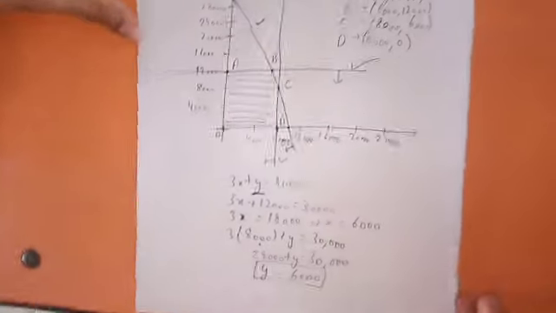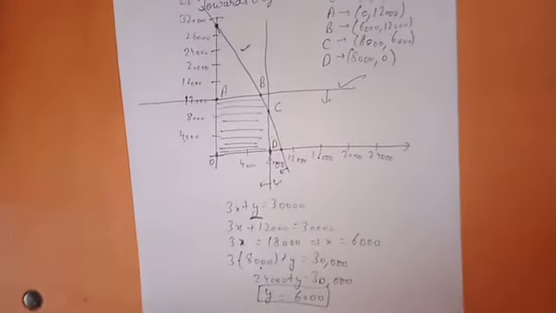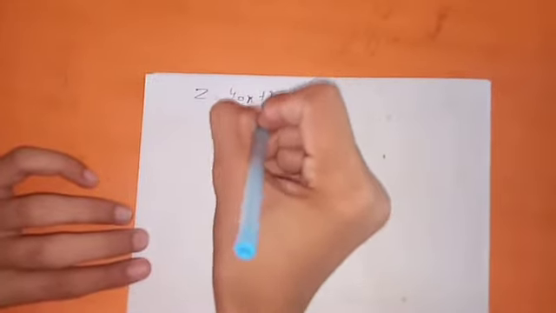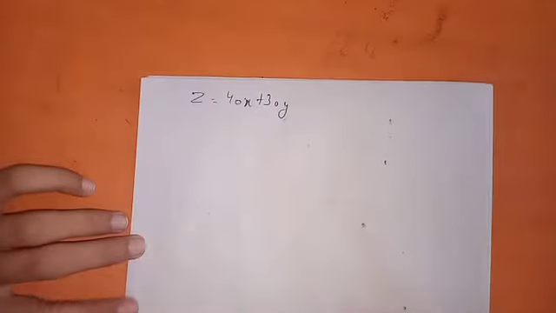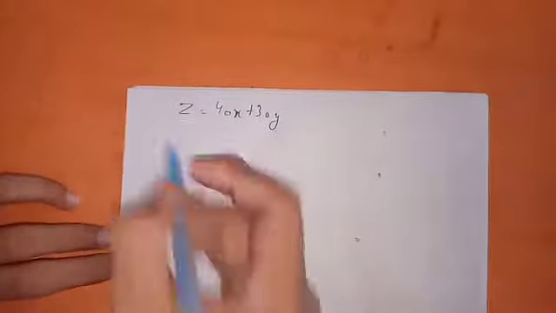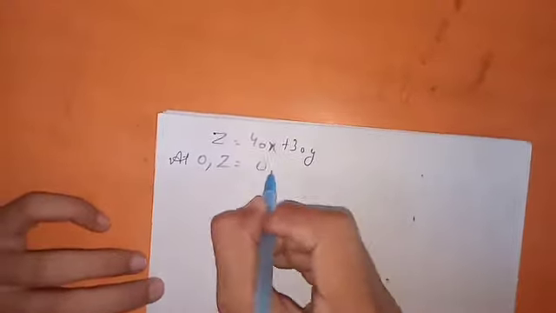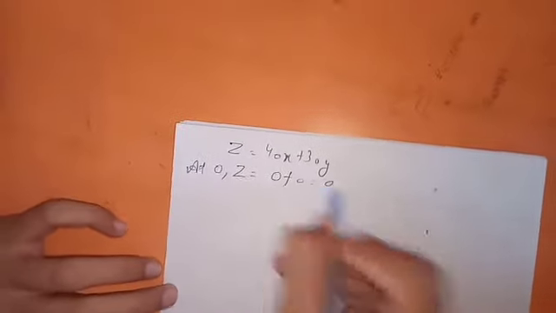Now we will maximize it. We will find the maximum value for our z. Okay. What was our z? Our z was equal to 40x plus 30y. Now we find at O, z will be what? 0 plus 0, 0.